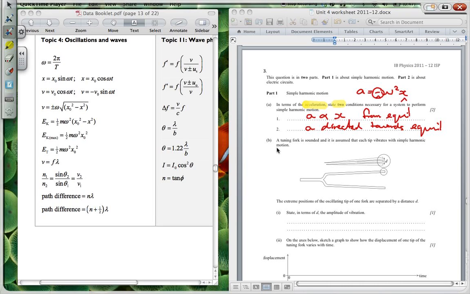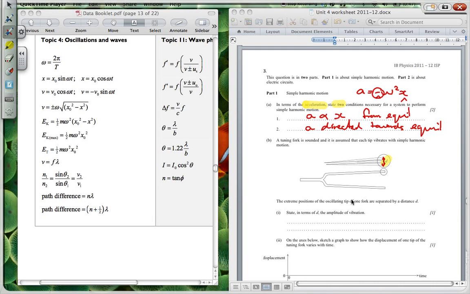So for B, a tuning fork is sounded, and it is assumed that each tip vibrates with simple harmonic motion. And here we've got this situation that the full to and fro is D. So from the top position to the bottom position we have D there.